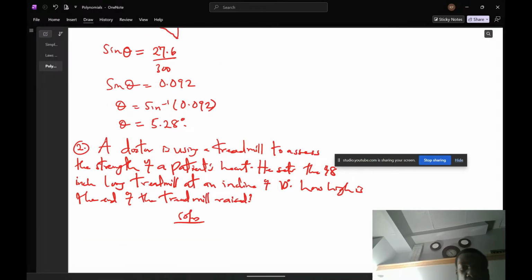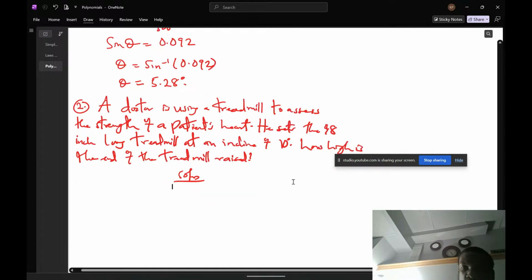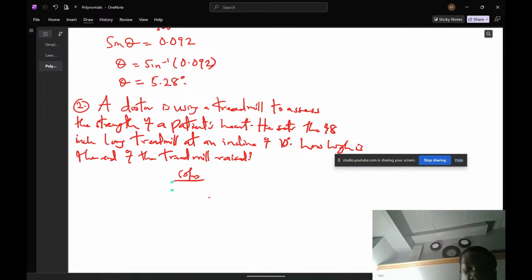It says the doctor is using the treadmill to assess the strength of the patient. So this is the treadmill. The treadmill is always a bit slopey. So this is the 48-inch long treadmill.